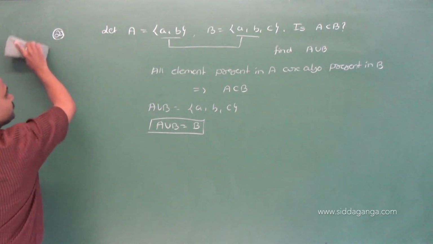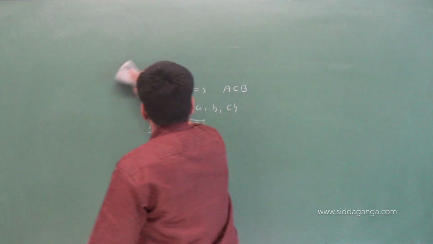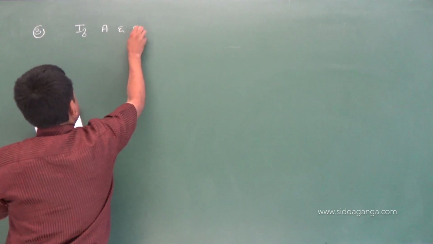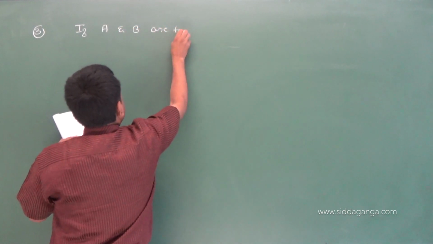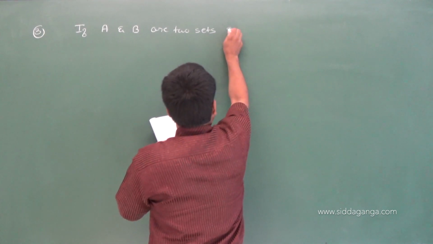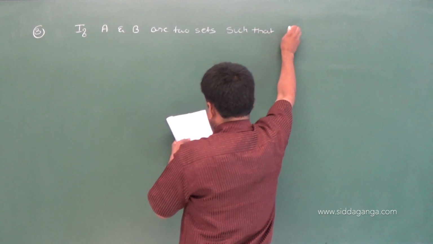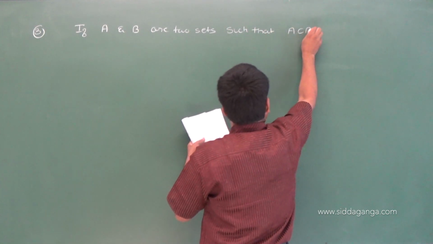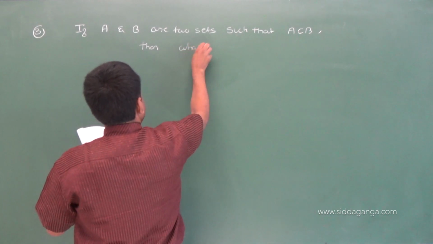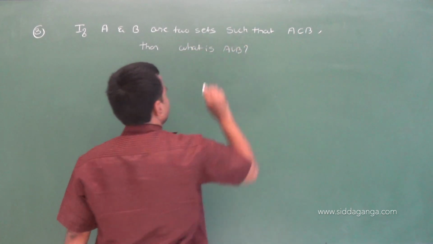Third question. If A and B are two sets such that A is a subset of B, then what is A union B?